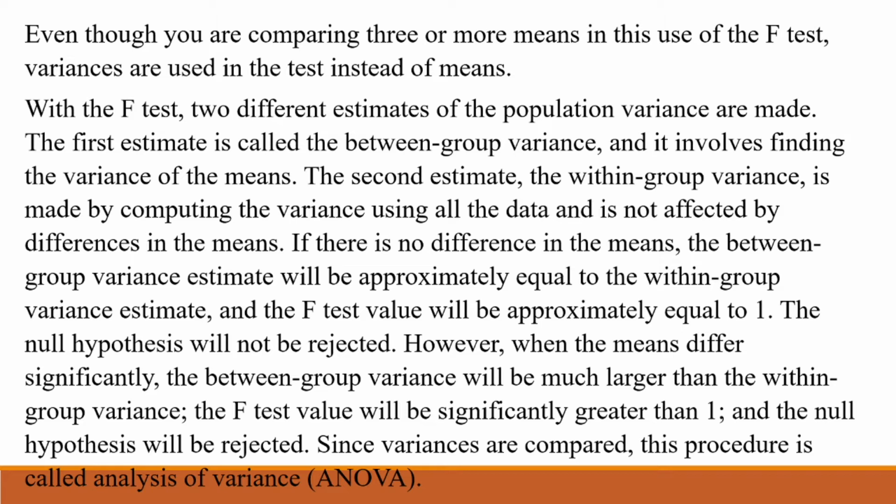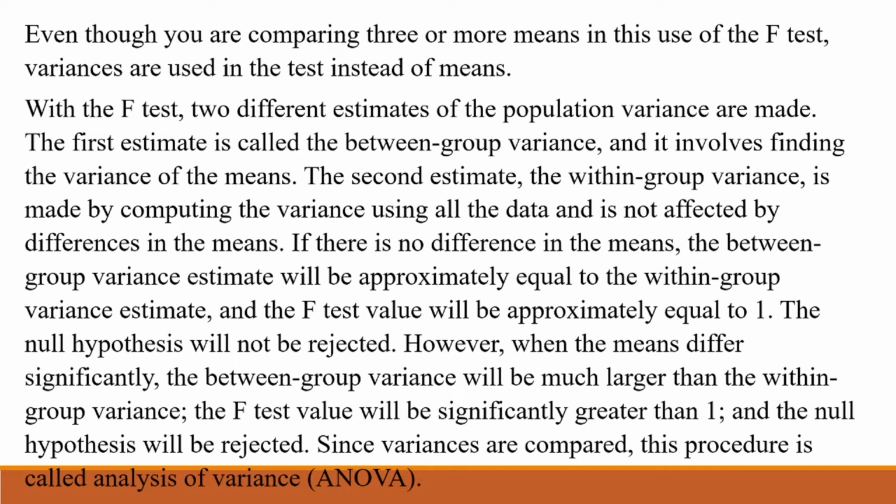The second estimate, the within-group variance, is made by computing the variance using all the data and is not affected by differences in the means. If there is no difference in the means, the between-group variance estimate will be approximately equal to the within-group estimate, and the F-test value will be approximately equal to 1. The null hypothesis will not be rejected.